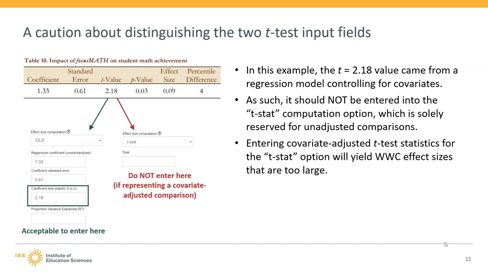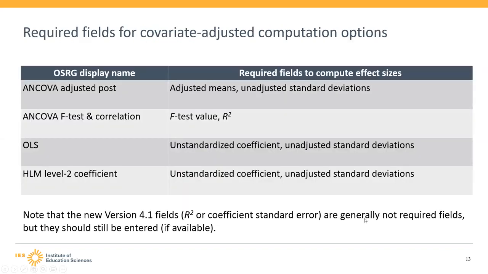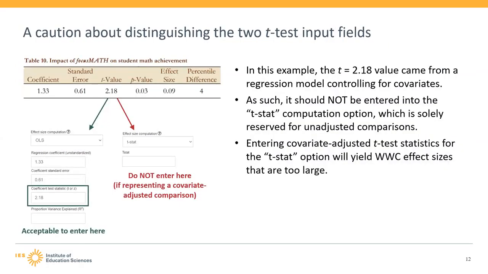However, reviewers should not enter this value or any other t-test value based on covariate adjustment into the input field for the t-stat computation option. The t-stat computation option is solely reserved for simple, unadjusted mean comparison. If reviewers mistakenly enter a covariate adjusted t-test value in for the t-stat computation option, then the WWC effect size will be calculated larger than it should be.